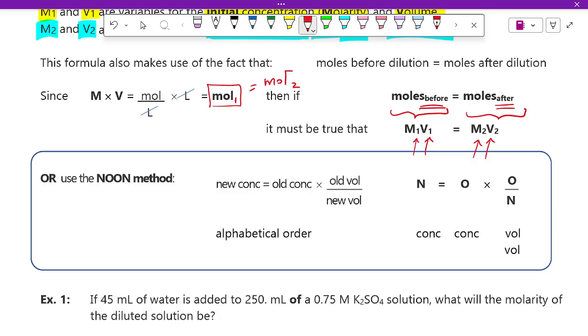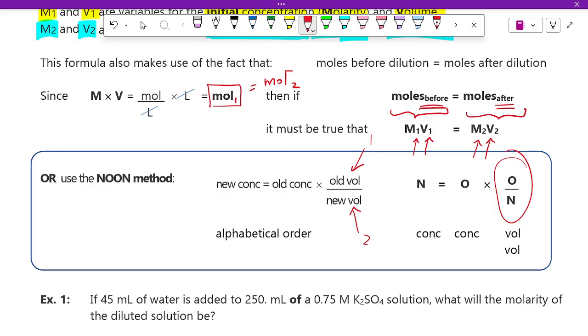When we did our dilution, when we added two equal volumes, we doubled the volume and therefore the concentration was 1/2. And if you quadruple the volume, the concentration is going to be 1/4. And that little fraction is going to be the old volume over the new volume. We went from 1 liter to 2 liters.